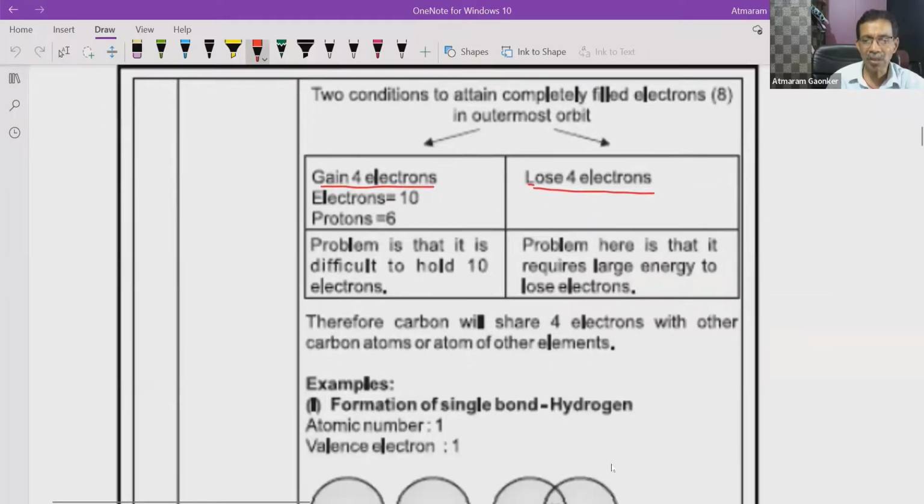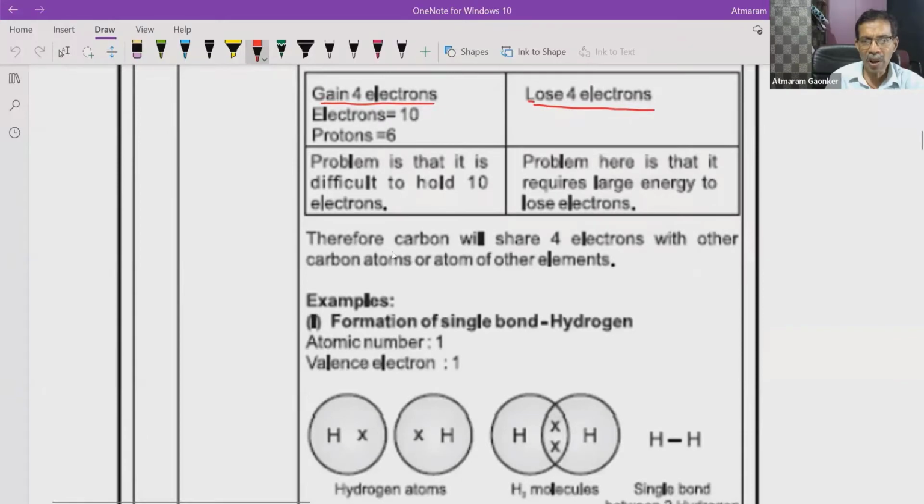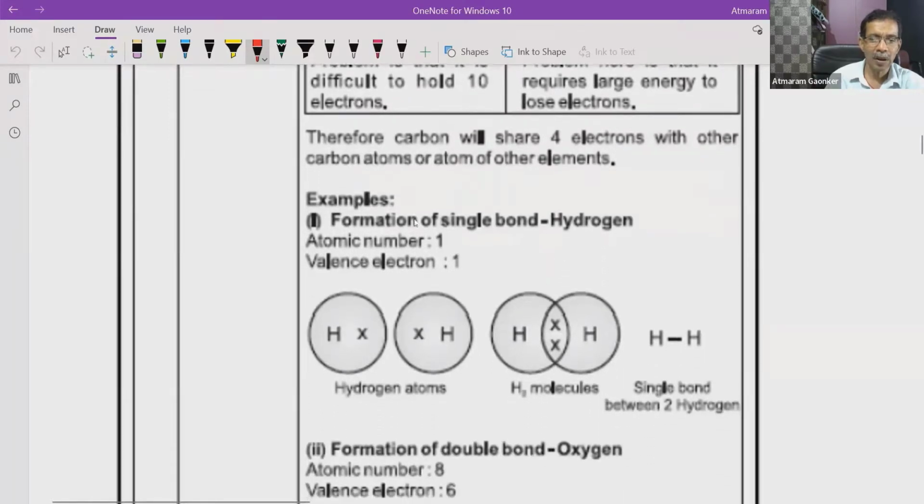So then what is the solution? The solution is that carbon will have to share 4 electrons with other carbon atoms or atoms of other elements. For example, let us see. It can form a single bond with hydrogen. Hydrogen has atomic number 1, so valence electrons are 1.